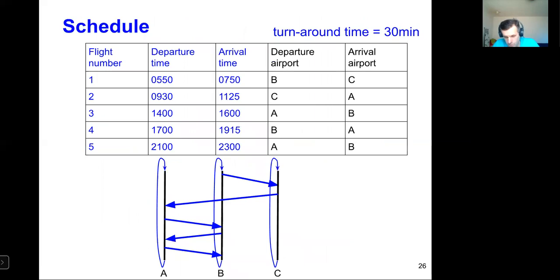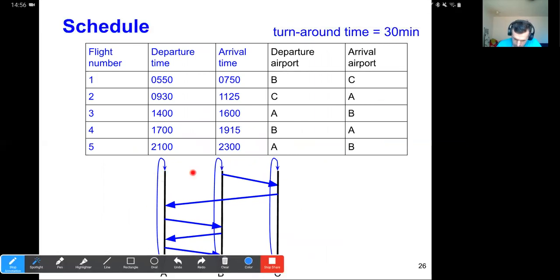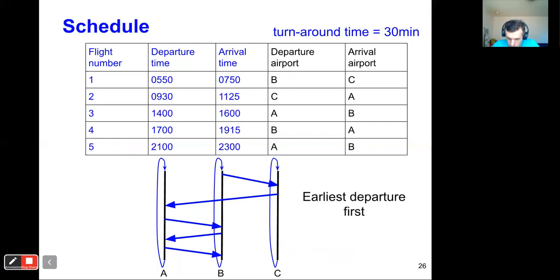So here's the schedule. Again, we're coming back to the schedule with 5 flights, and here below you see the network for this schedule. We have 3 airports, so 3 vertical lines, and 5 arrows for the flights, and 3 remaining overnight arcs, 1 per airport.